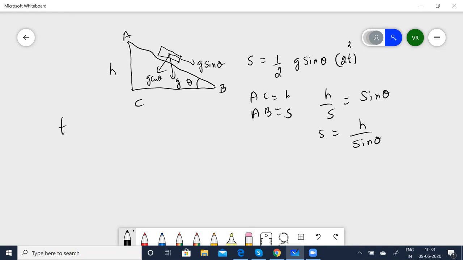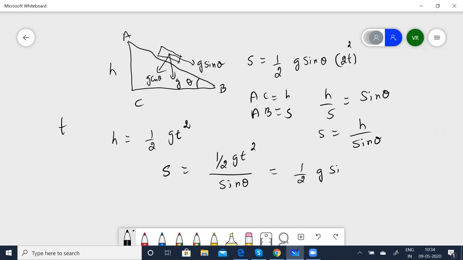Now already we have seen that in horizontal projection, h is half g t squared. So now simply substitute. So s is equal to half g t squared divided by sin theta, which is nothing but half g sin theta into 4t squared.